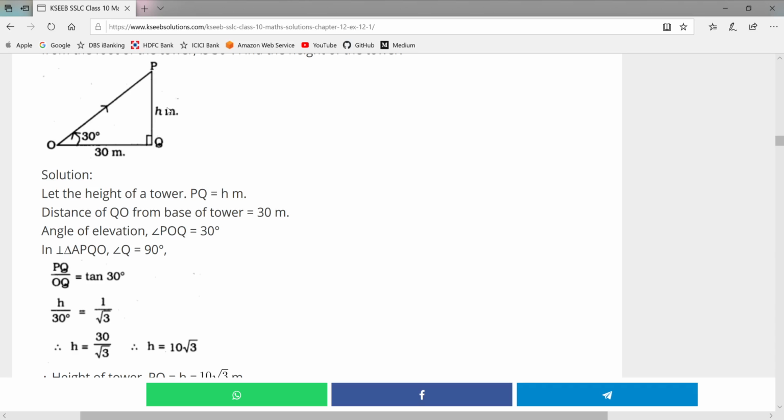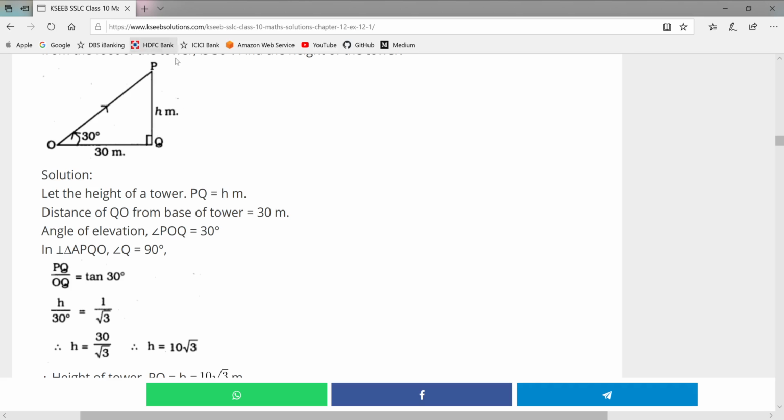You all know this is the opposite side to angle O. The adjacent is OQ. They have already given the adjacent, and we have to calculate the opposite side. So you should conclude which ratio we can take here. The ratio tan we can take here, because they have given the adjacent and they are asking for the opposite side.